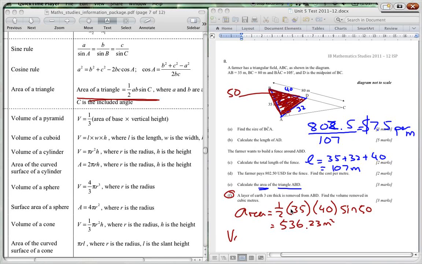The volume of a prism is equal to the area of the base, which is that triangle, 536.23, times the height, which is 3 centimeters. But the volume needs to be in cubic meters, so I've got to convert the centimeters into meters. We know there are 100 centimeters in a meter, so that's 0.03 meters. So I multiply 536 times 0.03, and I get 16.086, so I'll get 16.1 cubic meters.